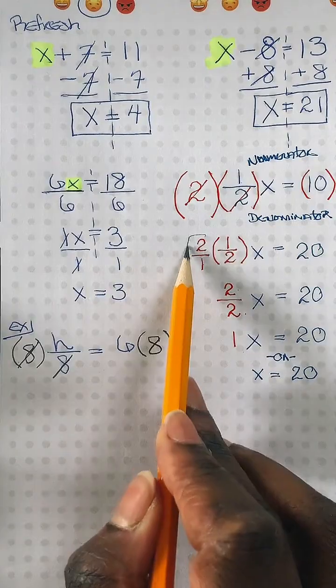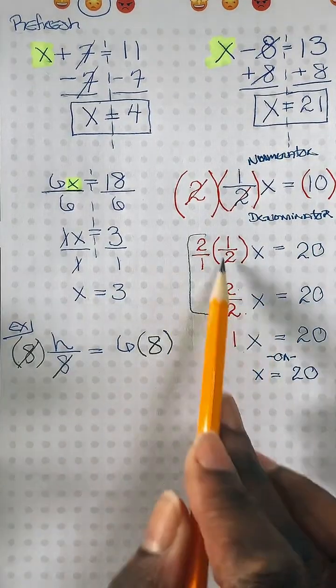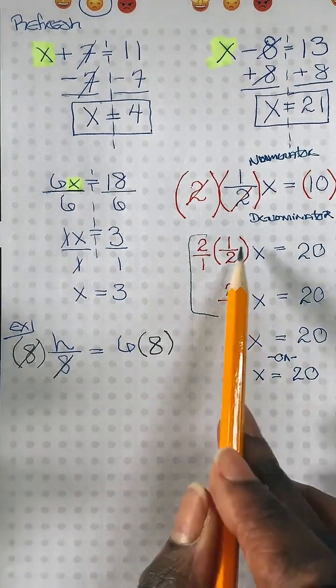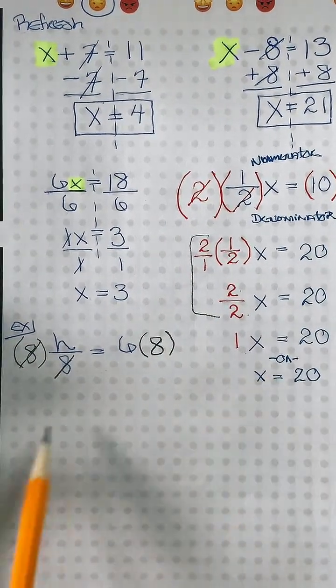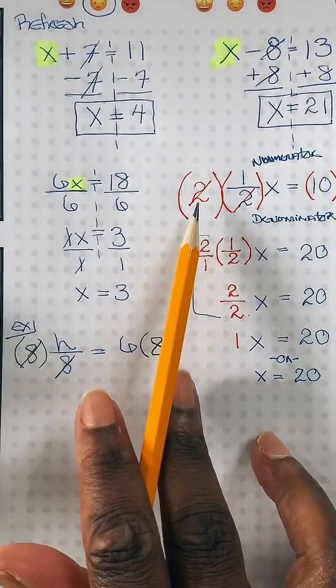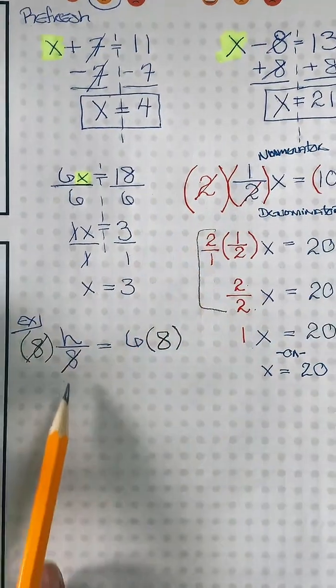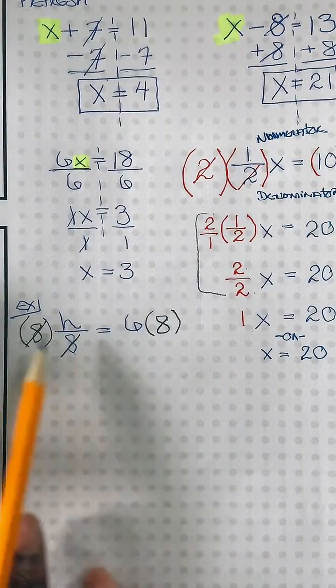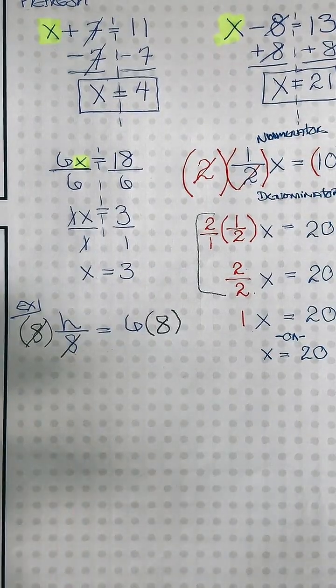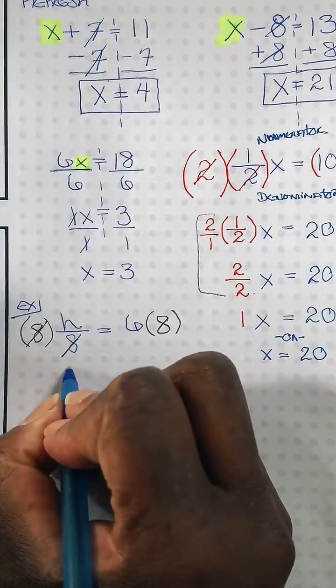So all of this that we did right here, we can eliminate. I just wanted you to see what's happening on the left-hand side. But now we know that anytime you multiply by the denominator, they are going to cancel out and leave you with your h, or whatever your variable is.